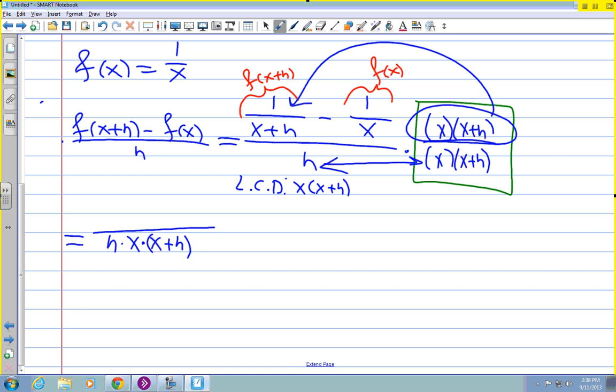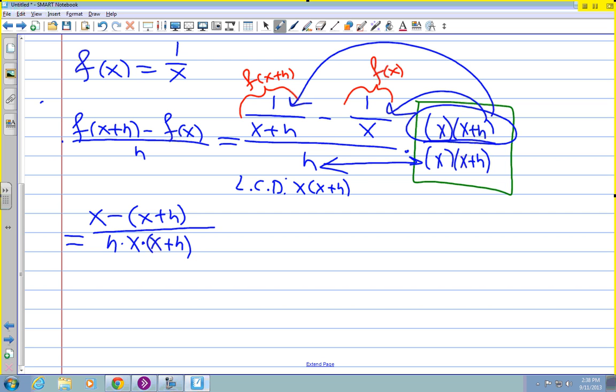X plus h, and what is left? X. Do you remember this question from last semester? Yeah, kind of. We did it like 7 times. It was on the final too. But you were given that setup. So x minus, you do the second product, what is going to cancel? X, and what is left? Keep it in the parentheses, because we still have to distribute the negative.